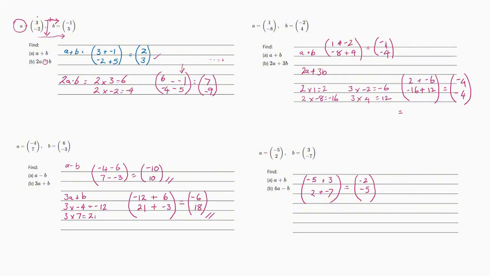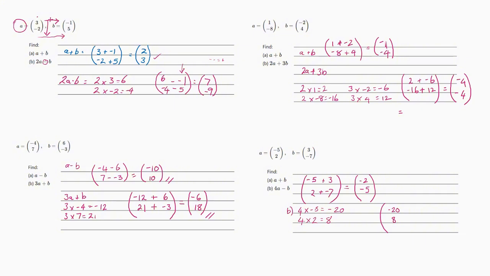And then we've got some work to do on B. Okay, so we've worked on our A. So let's put it into here. So we have -20 and 8.